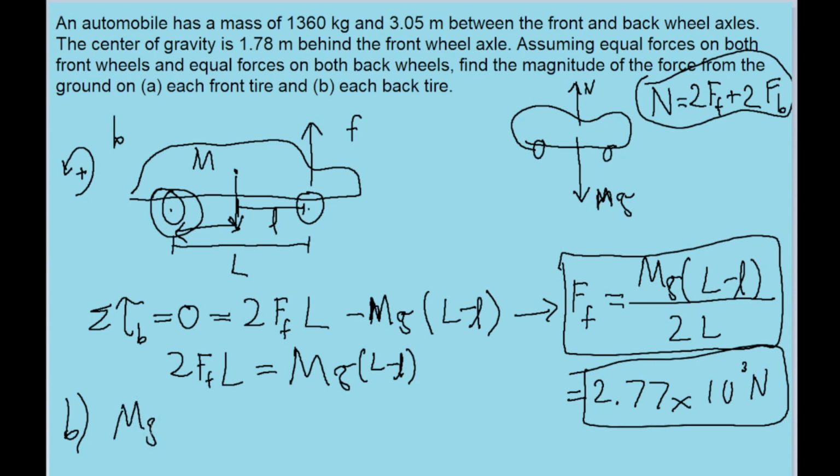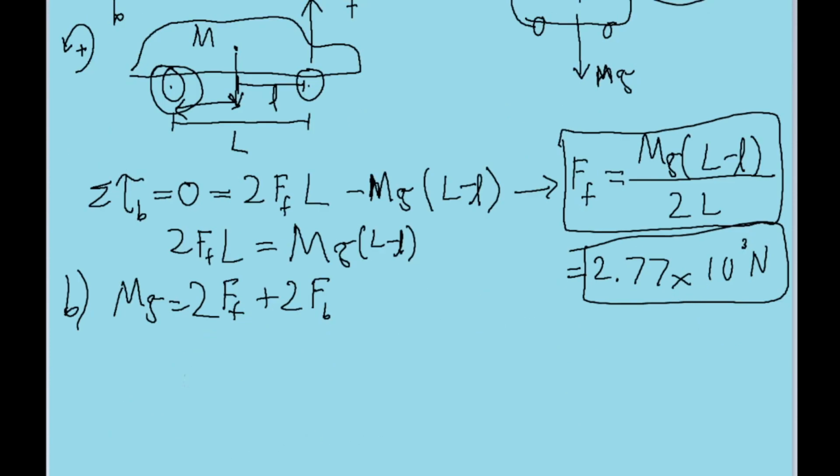So if that's Mg equals 2 times F sub F plus 2 times F sub B, and we're looking for F sub B, then we can pretty easily algebraically rewrite this to solve for F sub B as Mg minus 2 times F sub F, all divided by 2.